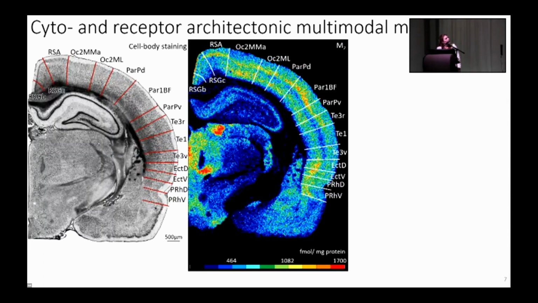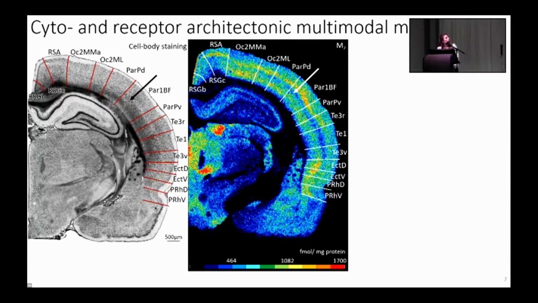As you can see here, 2 alternating sections for the identification of cytoarchitectonic borders and their correlation to borders of the M2 receptors. And we parcellate regions, for example, of the occipital cortex, either by a broader layer 5, but also by lower M2 receptor densities.